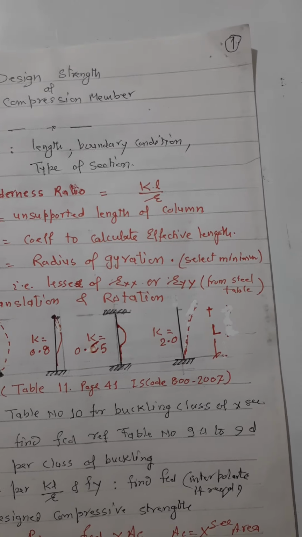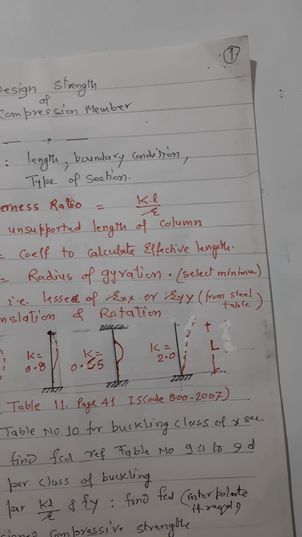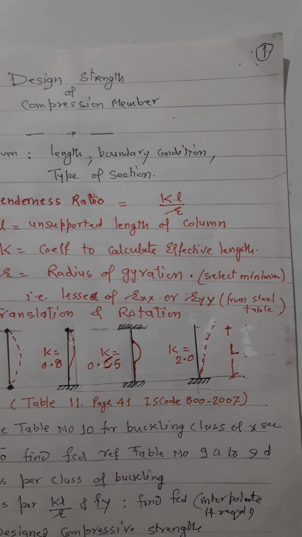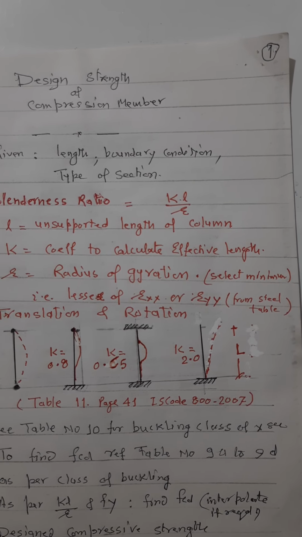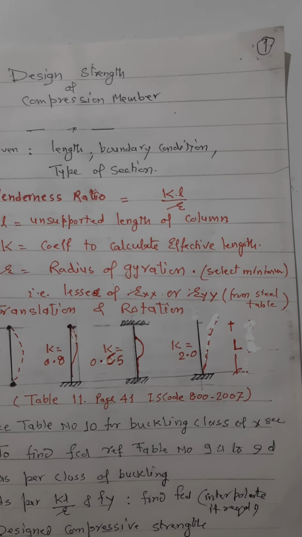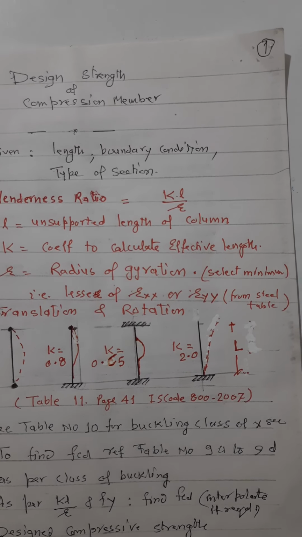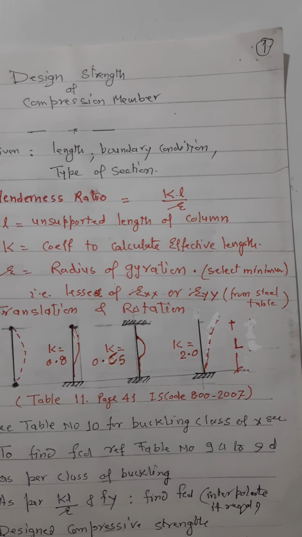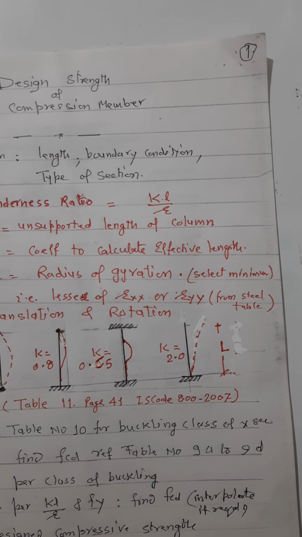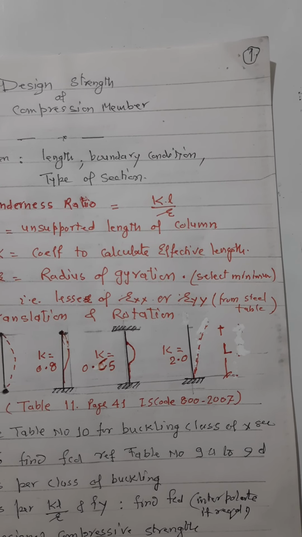So the square root of Ixx by A gives rxx. Similarly, the square root of Iyy by A gives ryy. In the steel table, Ixx, Iyy and the area of cross section are given.